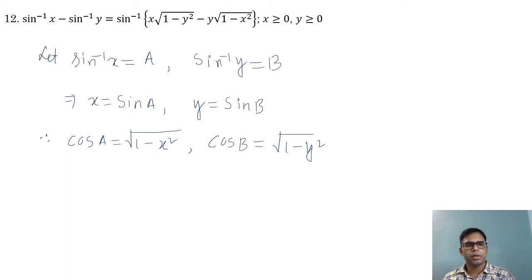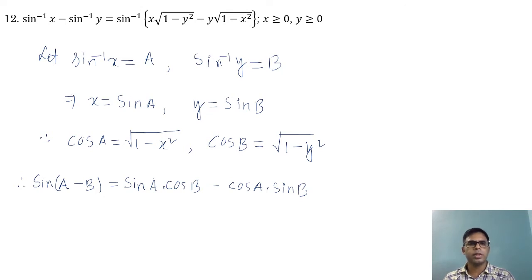Now you see, for sin of a minus b, you can write the formula, which is in the first year class: sin a into cos b minus cos a into sin b.